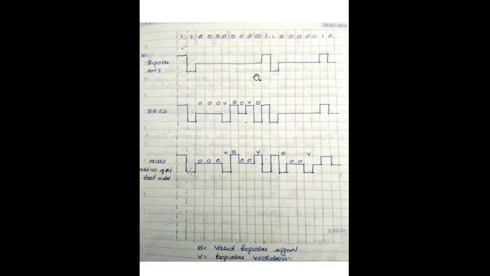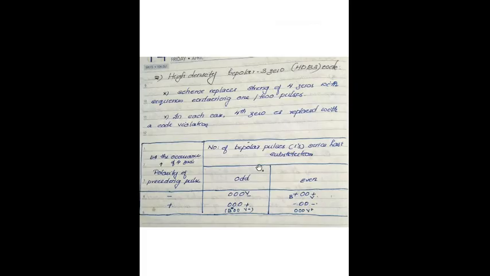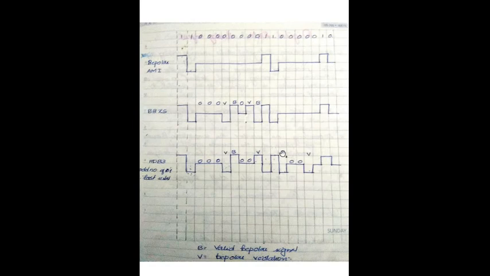How many ones are there? 2 ones, and the last one is encoded as positive. So even number of ones. So minus 0 0 minus, that is B 0 0 minus.